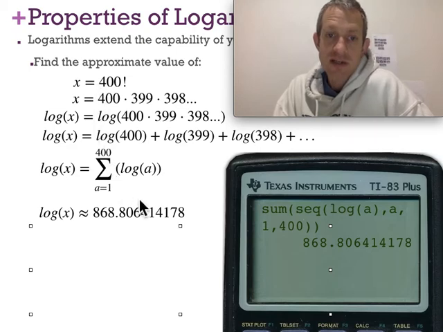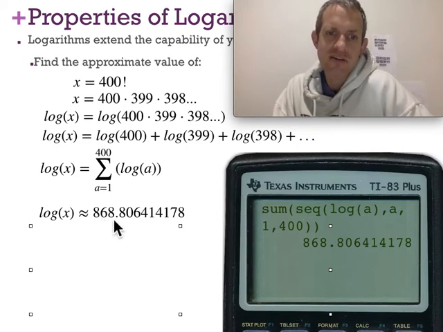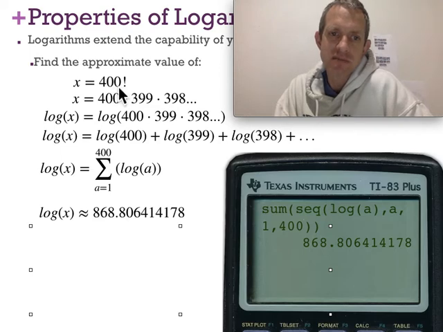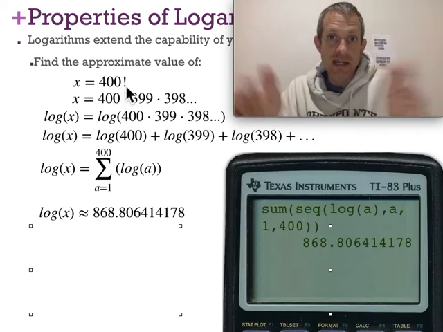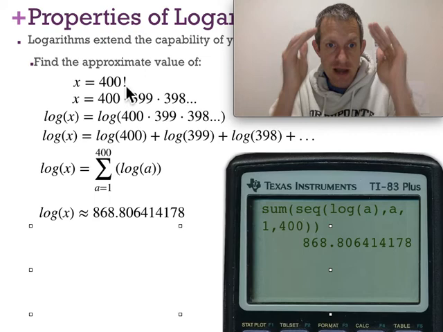And like we did in the last problem, to figure out what x is equal to, we're going to split this up into its decimal form and its integer part. It's the integer part, 868, which is why this is so big. This is a number that's got 869 digits in it.